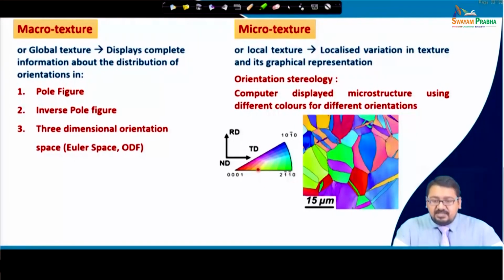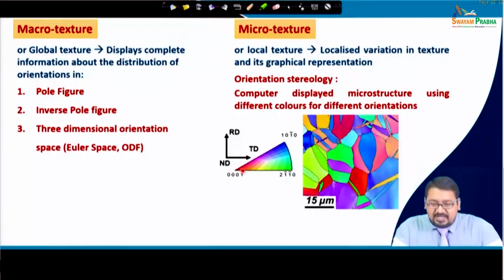You can see that this material has a rolling direction which is vertical, a transverse direction which is horizontal, and in the plane of the paper it has a rolling plane, perpendicular to which is ND, the normal direction. You can see that various grains have been represented by different colors, and different colors represent the orientation of that particular grain in this microstructure.